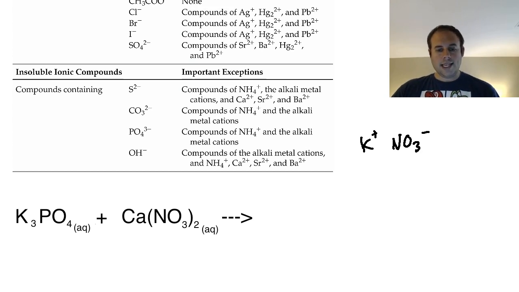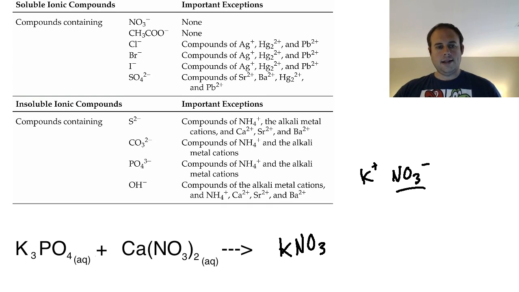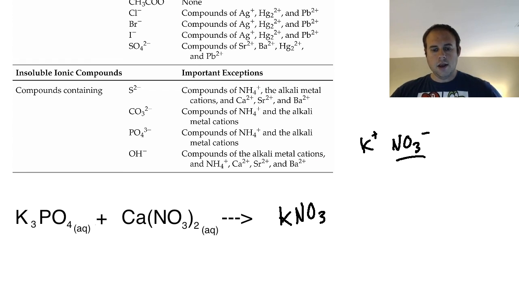If I bring these together, I only need one of each, and I would expect that I get KNO3. So that would be the compound. Remember that the polyatomics, the nitrates or the phosphates, come together as a whole unit. Now, when I take a look at this, I go up and I find that nitrate is going to be soluble. There are no exceptions on the solubility table here. So I would classify this as an aqueous compound.